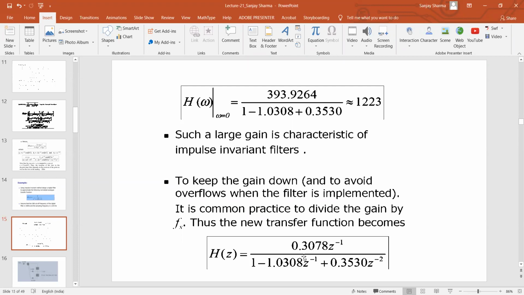So this transfer function is a new transfer function with a small value of DC gain, or you can also say normalized DC gain. That means this transfer function has a very small value of DC gain, and then you can use this transfer function to design your filter. So that is an additional problem handled in the design of the filter.